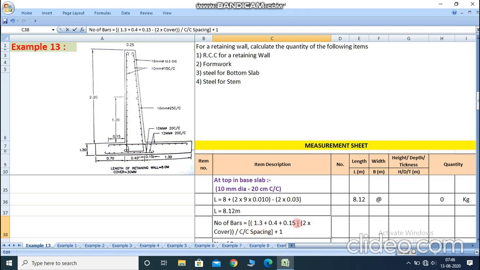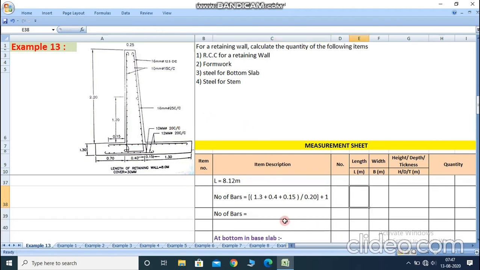Here no cover is required, so we delete this part. Then divide by the center to center spacing of the bar. The center to center spacing of the bar is 20 centimeter, already given in the figure, so write here 0.20, plus 1.